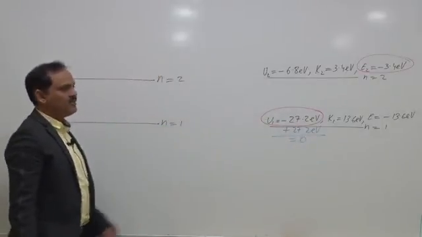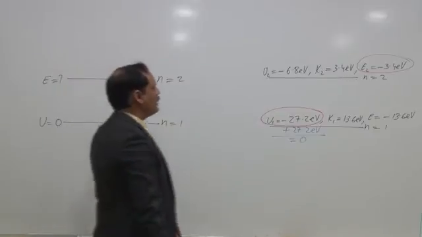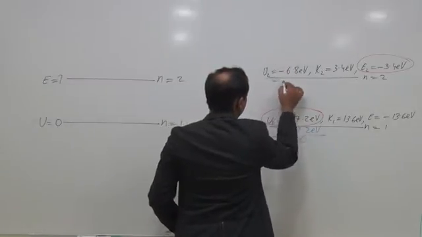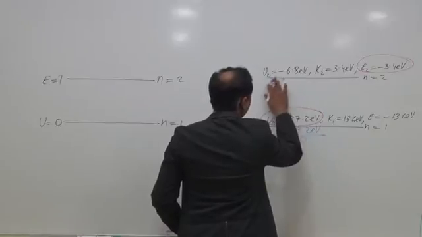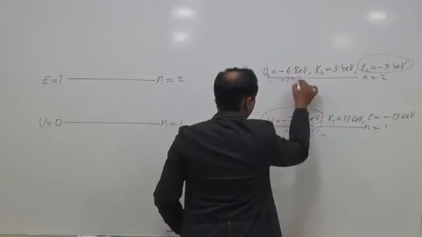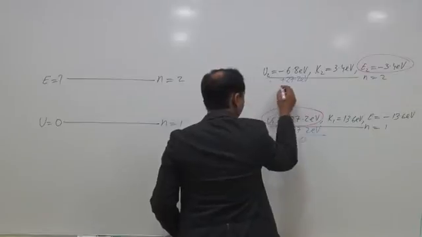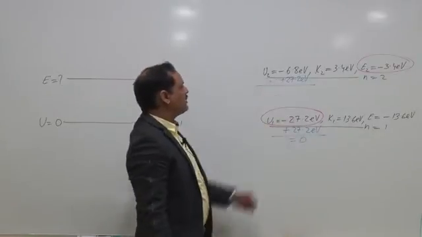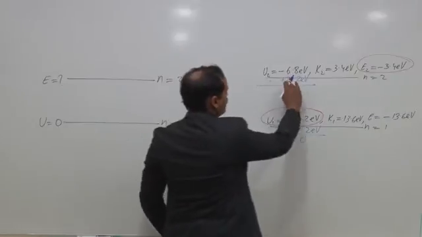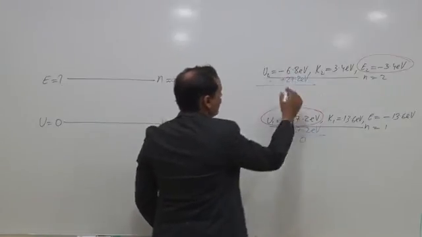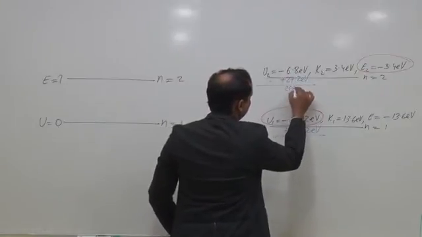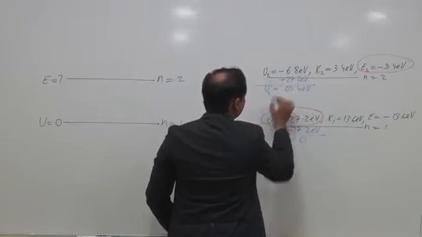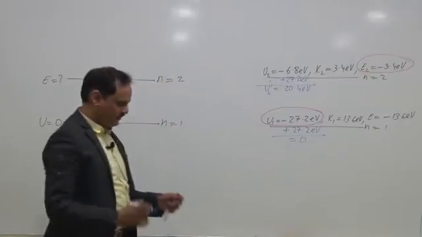If we add the potential energy here, we need to add the same energy at the other state. So I add the same 27.2 electron volt here. So the potential energy is now 27.2 minus 6.8, that is equal to 20.4 electron volt. This is the new potential energy U2 dash.